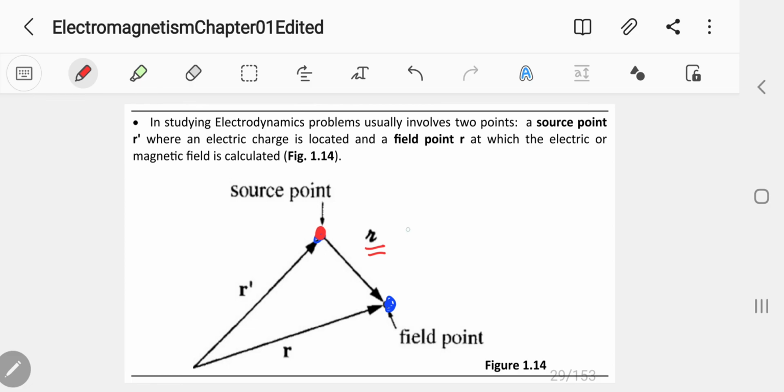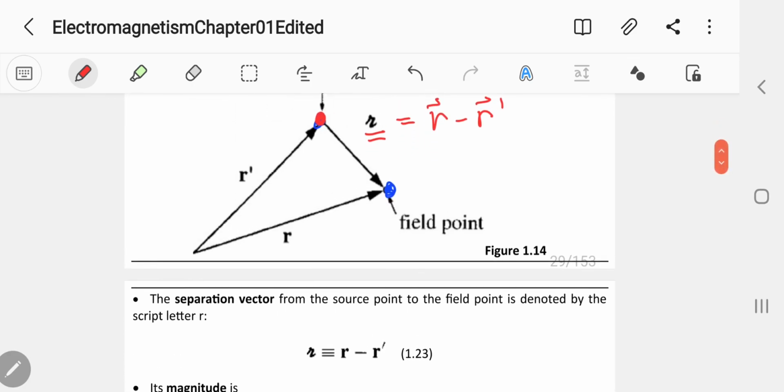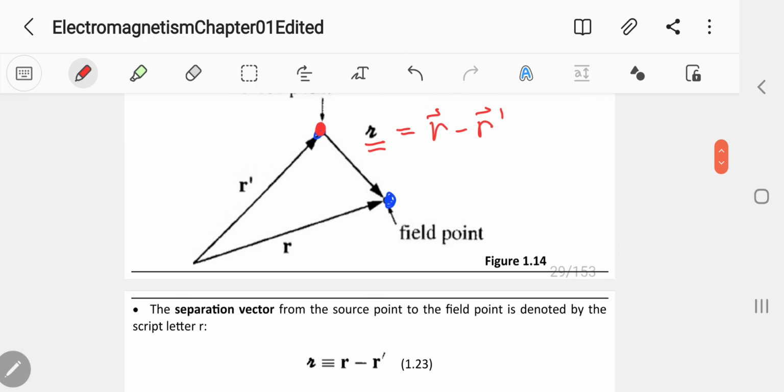And this is just equal to, this is r minus r prime. This one here.